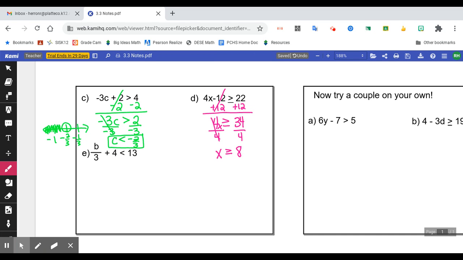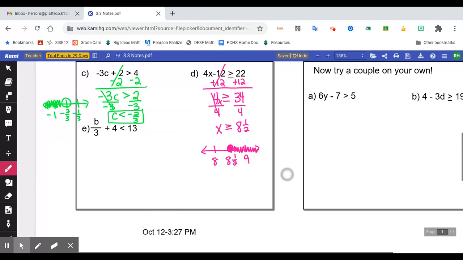That's 32 with 2 left over. So 2 over 4 would be 1/2. You need to use your calculator to do so. It'll convert it for you. So then I have 8, 8.5, 9. This would be a closed circle because it's equal to, and greater than is to the right.